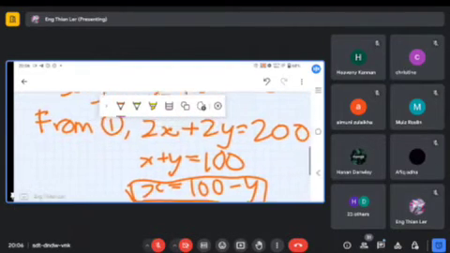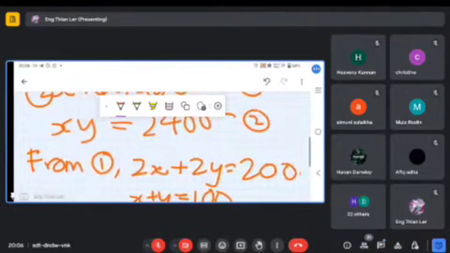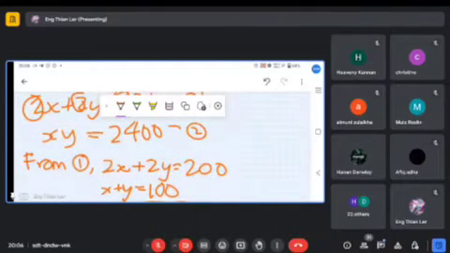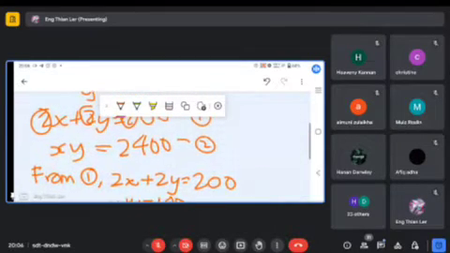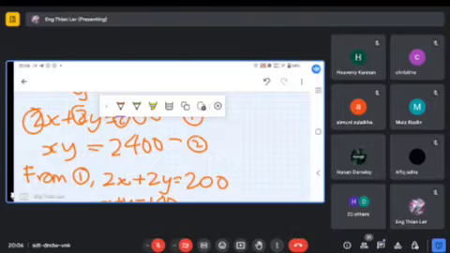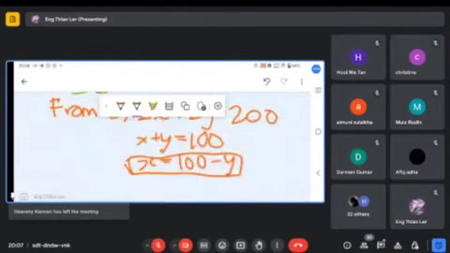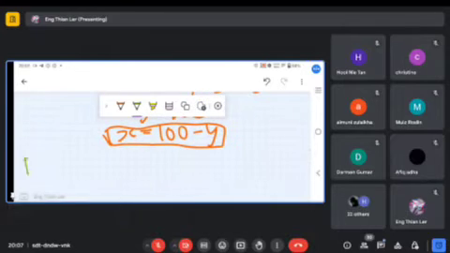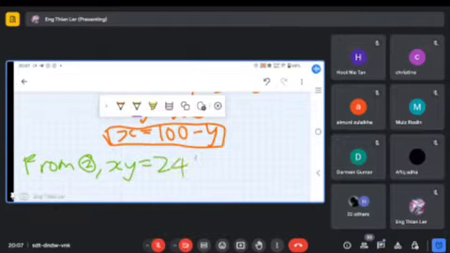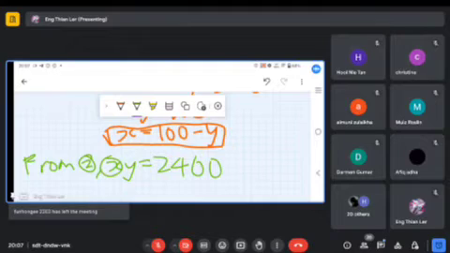Now we look at equation 2, xy equals 2,400. We copy that, xy equals 2,400. But what is x? x is 100 minus y.